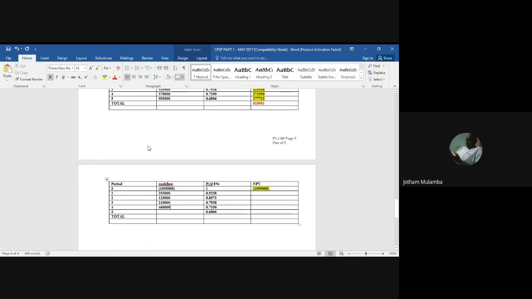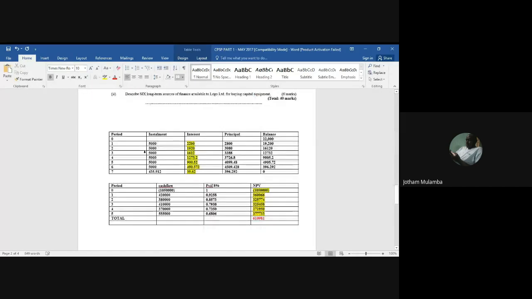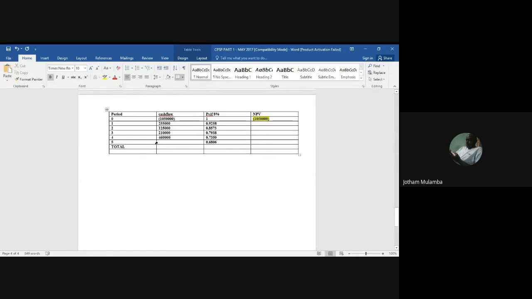Then the last one, 695. 695. So we are multiplying to get the NPV. So the same format, you can give us the answer. For year one is 255,000 times 0.9258.